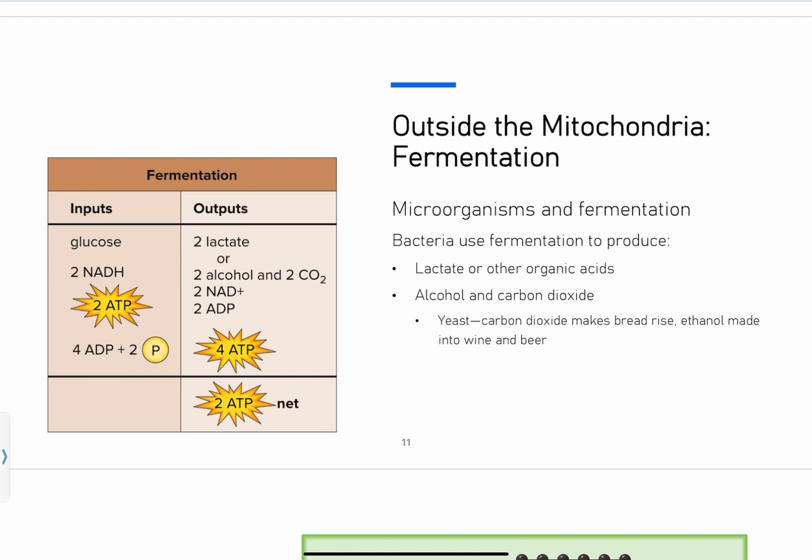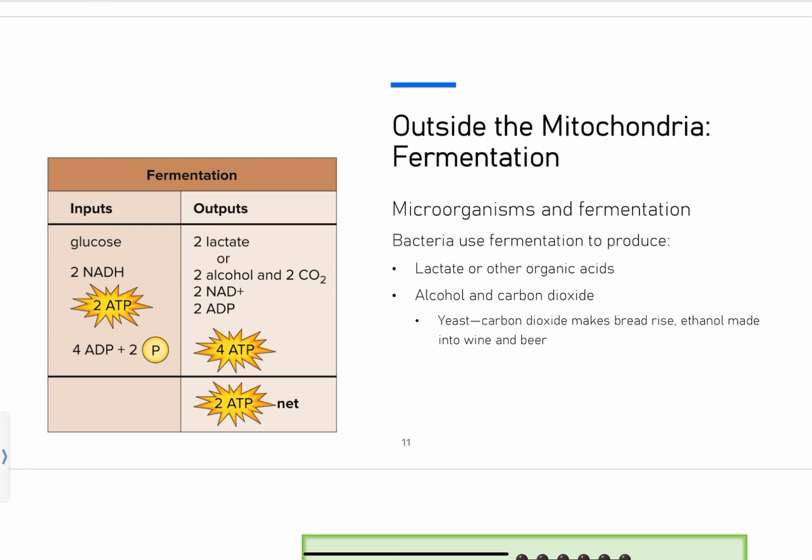So, in contrast, we have microorganisms that can employ a variety of fermentation pathways depending on their species and environmental conditions. So, for example, certain bacteria can produce lactate, like we just talked about, or other organic acids as end products. Others, such as yeast, can carry out a different type of fermentation called alcoholic fermentation, where they're going to convert pyruvate into ethanol and carbon dioxide.